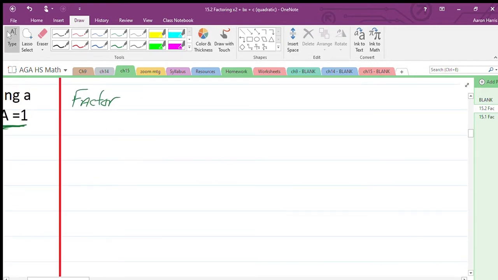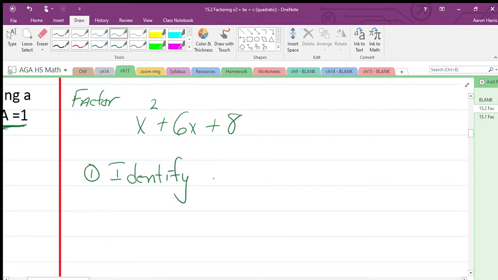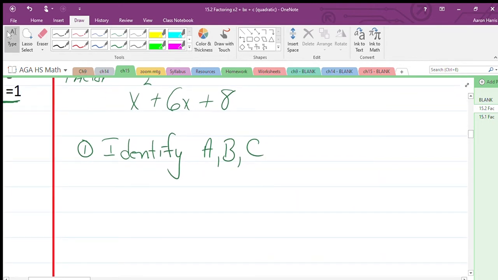So let's say that we had a quadratic, and that quadratic said x squared plus 6x plus 8. Okay, so the first thing we want to be able to do is identify A, B, and C. Okay, so let's identify A. A, it's not there.